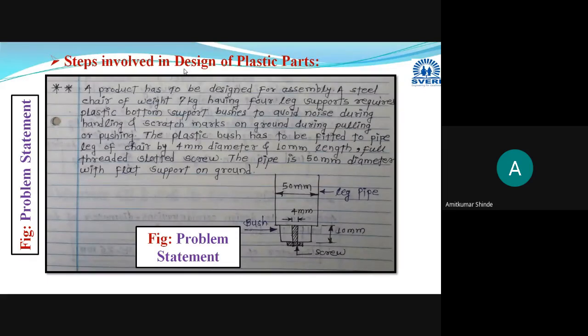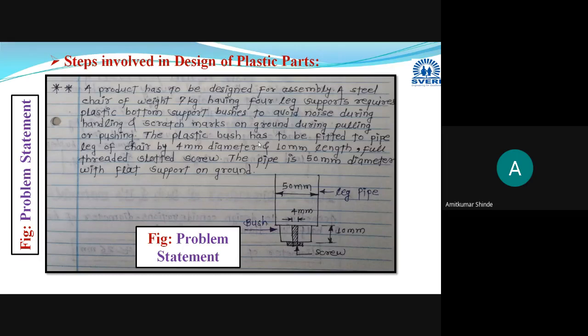It requires a bush with a boss to avoid the noise during handling and the scratch marks which may get created during friction.